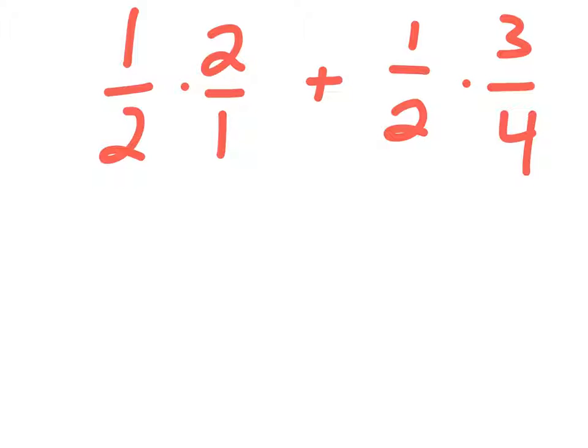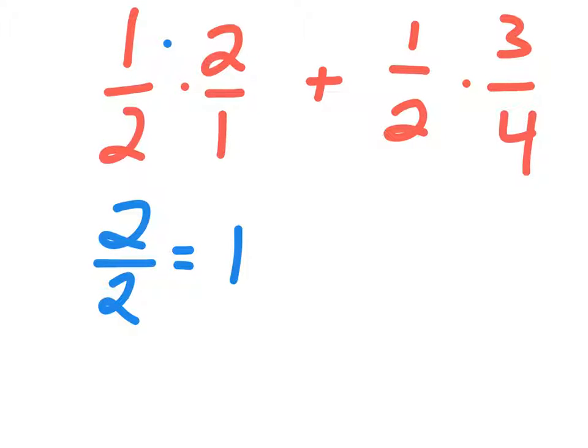When we perform our operations, remember that across the top are our numerators, so we have 1 times 2, and that's going to be 2. And on our bottom, we do 1 times 2, and that's going to be 2. We can simplify that down to 1.